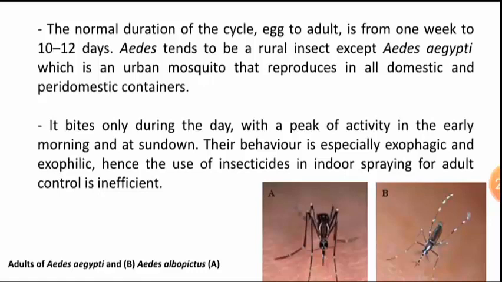It bites only during the day, with a peak of activity in the early morning and at sundown. Their behavior is especially exophagic and exophilic, hence the use of insecticide indoor spraying for adult control is insufficient.